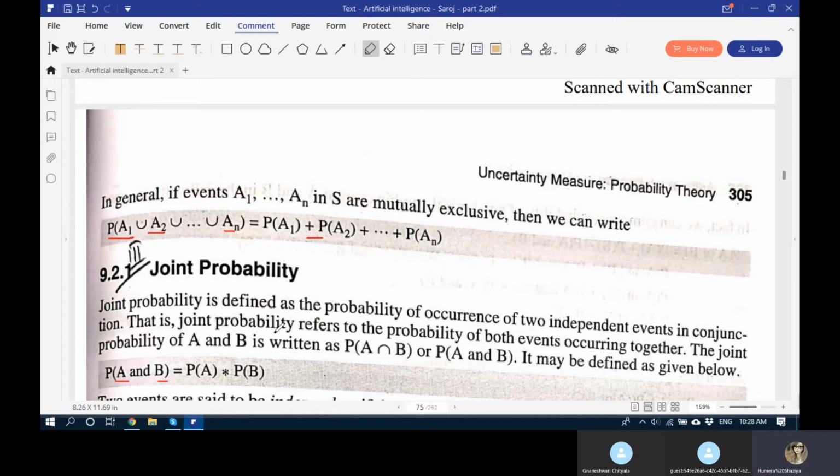So how can you write these two events as a joint probability? By using probability of A, asterisk, that is, into probability of B.